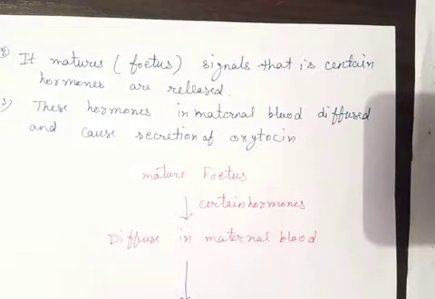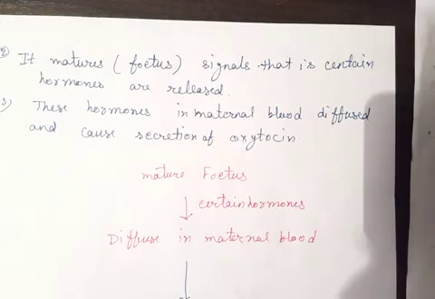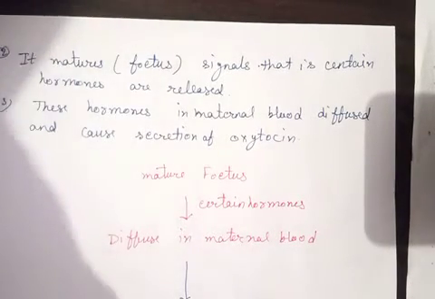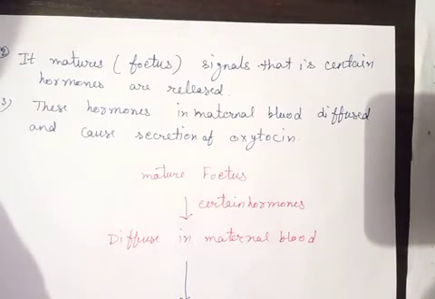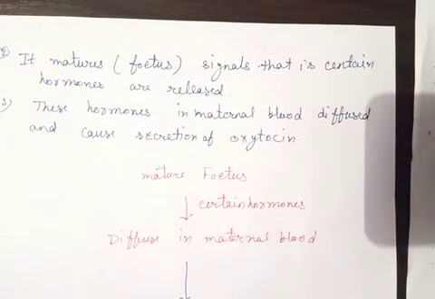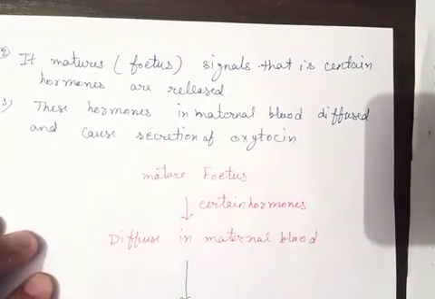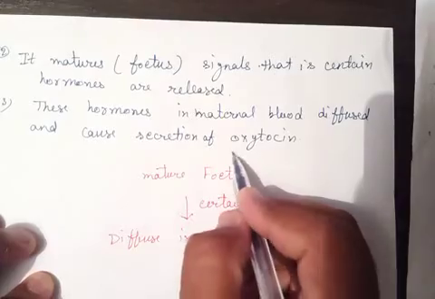When the fetus matures, it signals to the maternal body with hormones which pass from the placenta to the maternal blood. The maternal blood carries the hormones to the hypothalamus, and the hypothalamus releases some stimulus hormones which stimulate the posterior pituitary to release oxytocin.